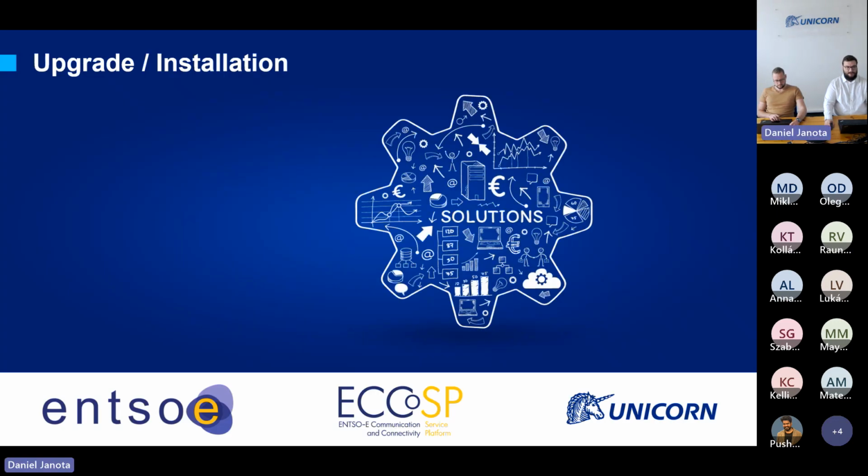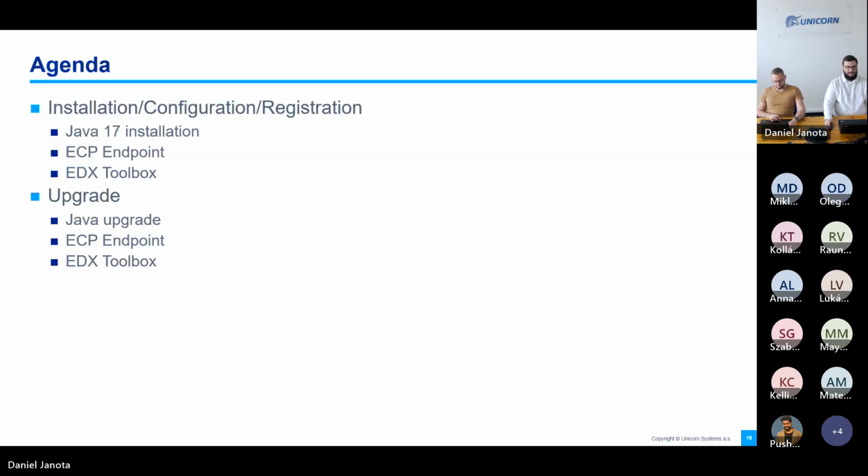continue with the practical part, which will be installation and upgrade of ECP endpoint and EDX toolbox. Regarding the installation, we'll proceed with installation of Java 17, and then we will install ECP endpoint, register it, and also install EDX toolbox and use the basic configuration of it.